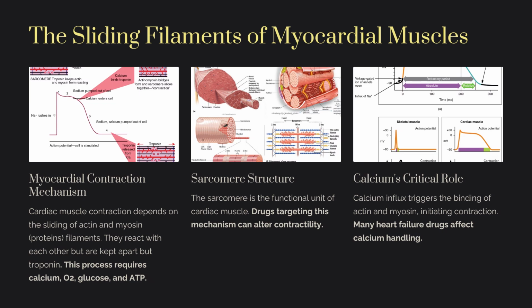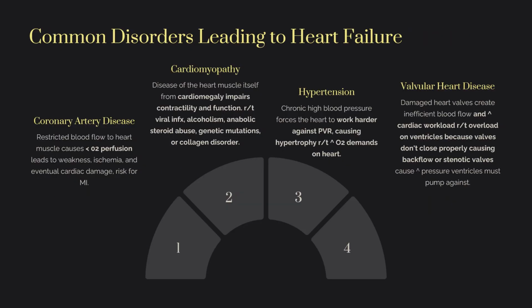Okay. We know that calcium plays a role in our heart's contraction, so there are drugs that are going to affect calcium. All right. So just based on that, whatever the person has going on, the drugs are going to target that specific part of contractility. Okay. Whatever's controlling that.